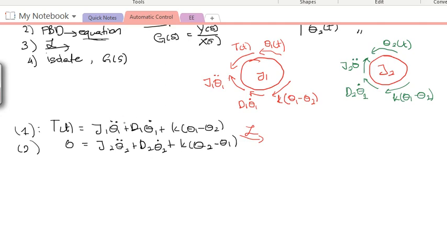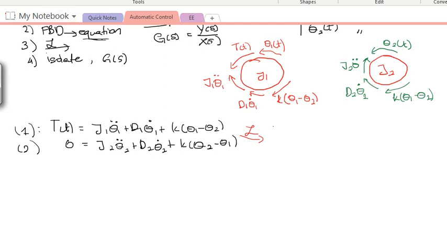If you want to isolate them, it can be done using ordinary differential equations. But when the equations get bigger and you have more degrees of freedom, it becomes more and more complex. So the easier path is to change it into the frequency domain, because then you can factorize the theta naturally. So Laplace transform it into the frequency domain.